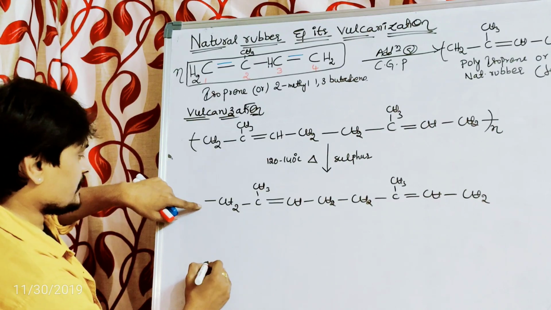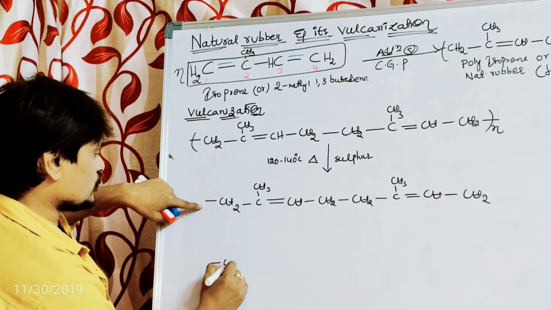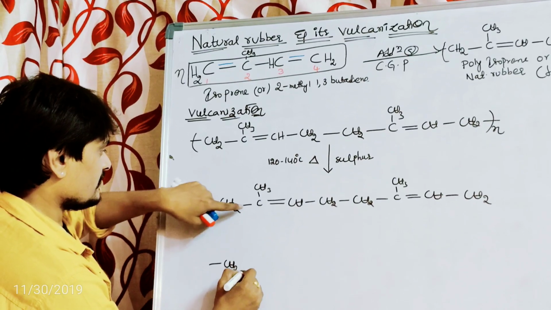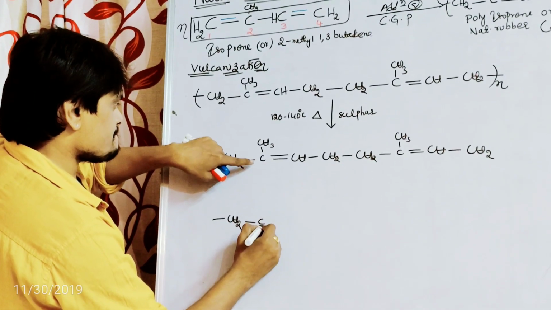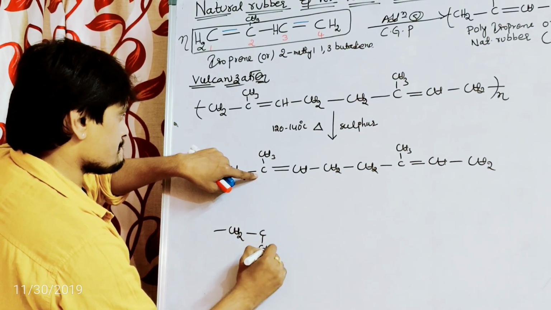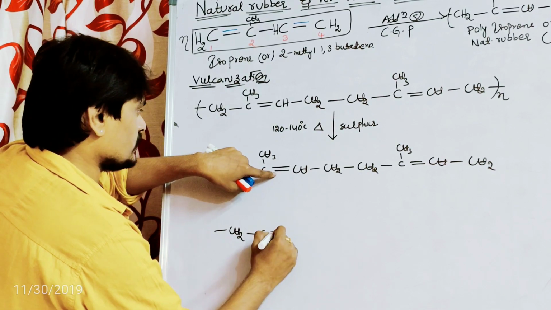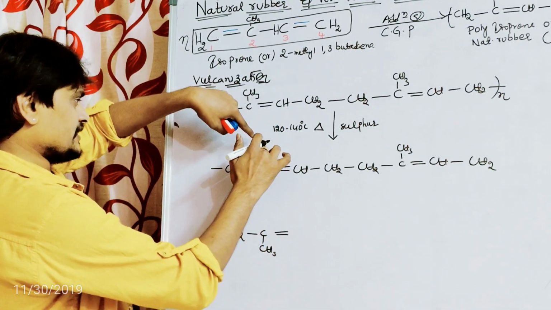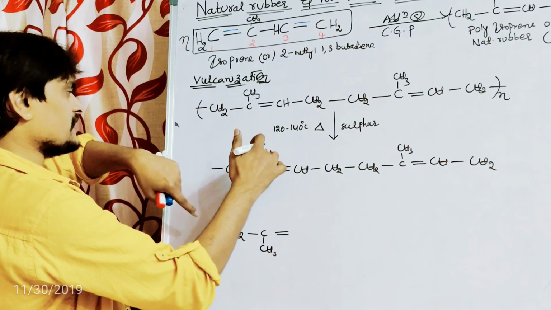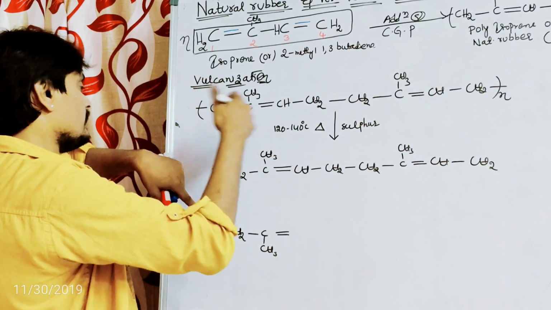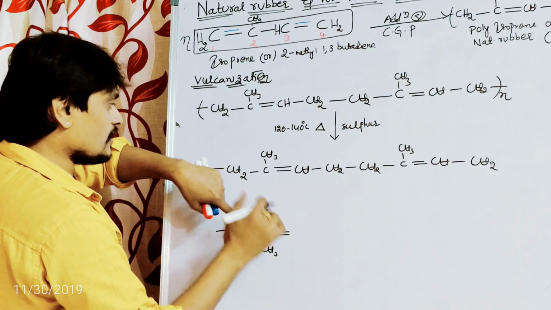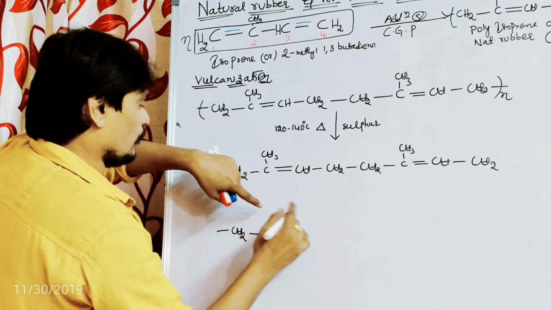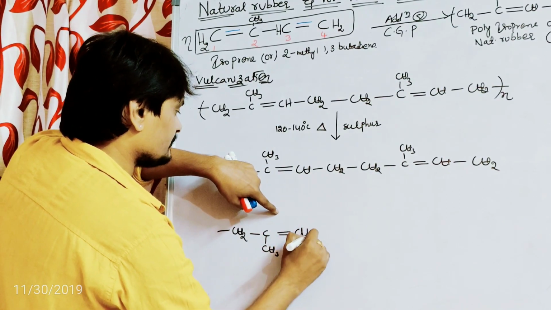Now write down the same thing, students. CH2, no change. Next, CH3, double bond, no change. Just CH3 was at the top, and now it is at the bottom, that is above and below. CH.